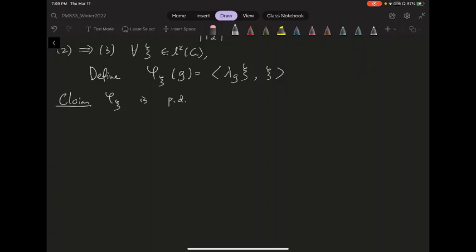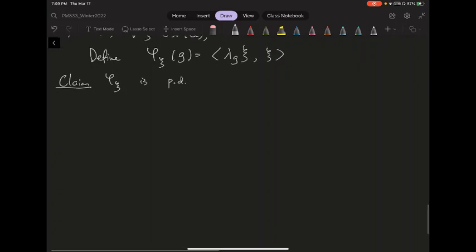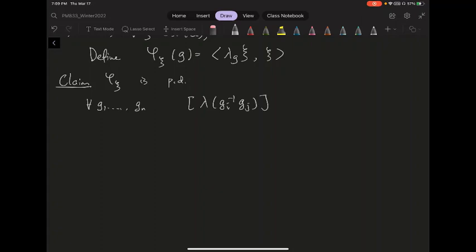Well, first of all, from your assignment, you already see that because your lambda is a unitary representation, if you take any G1 up to Gn, it's going to be an operator-valued positive definite function. That's what I called it on your assignment. So if you construct this operator matrix, lambda evaluated at Gi inverse Gj, this operator matrix is going to be positive.